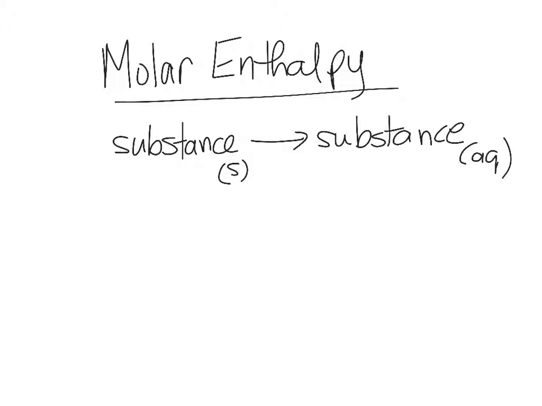If that substance is ionic, you can write it on the right-hand side as your ions or as the compound. There will be an energy change associated with this change, and it will be based on 1 mole of that substance.